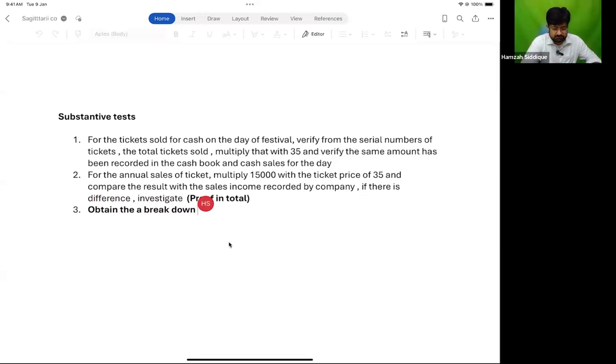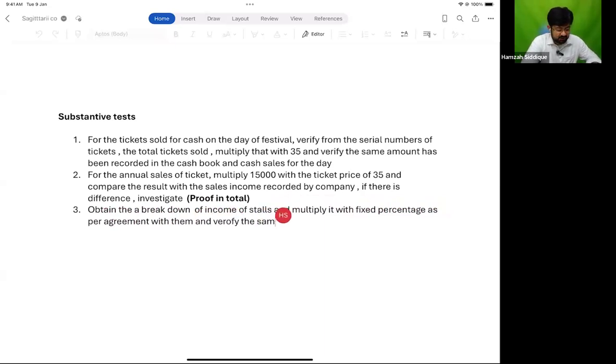Obtain a breakdown of income of stalls, and multiply it with the fixed percentage as per agreement with them, and verify the same has been recorded by the company as income from sundry sales.